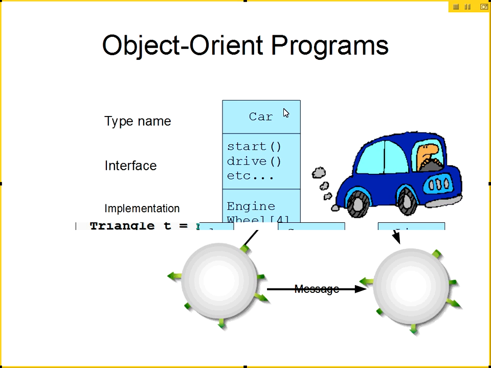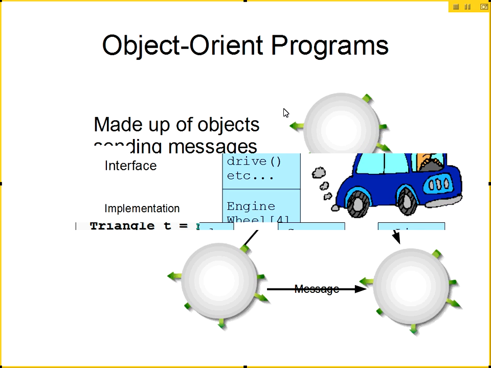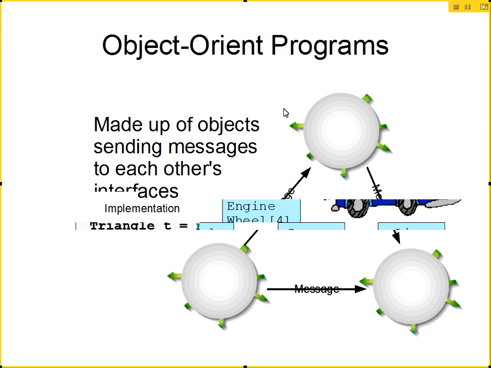Multiple objects within the system are going to communicate with each other by passing messages. The object-oriented programming term is not calling a method, but passing a message, is the formal term for it. We normally just say, I'm calling such and such a method on that object.